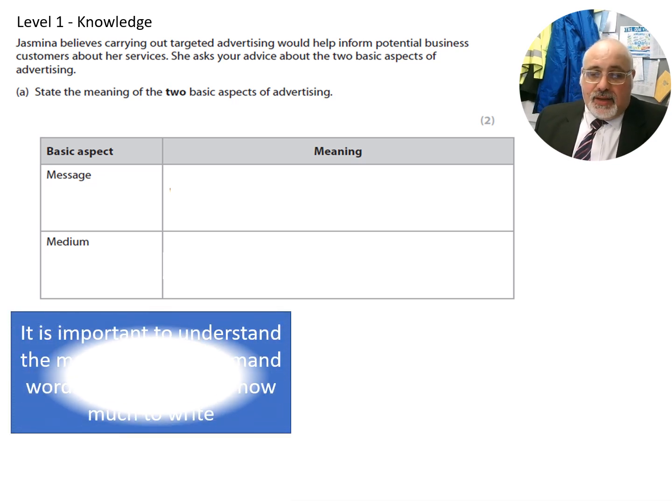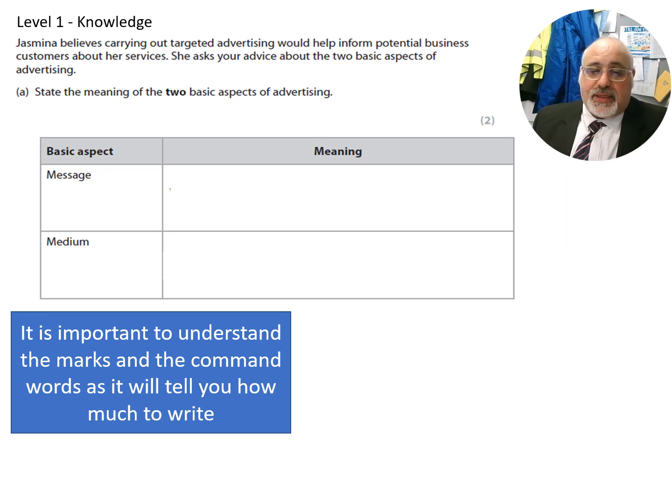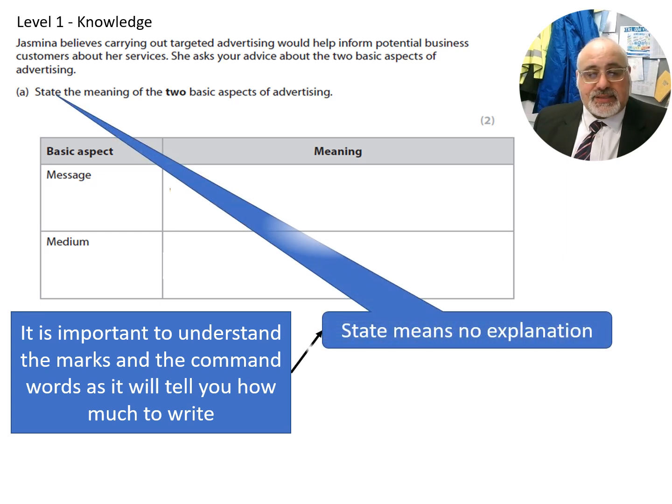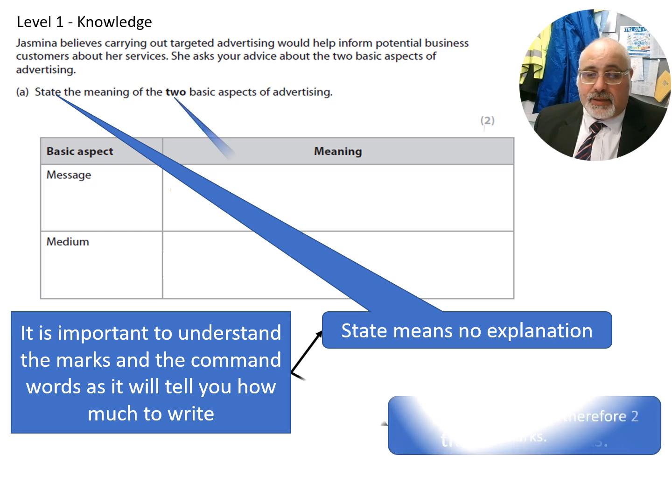In order to understand the question, you need to think about the command word. In this case, the command word is state, which means no explanation is needed. You just give one sentence answers and no more. You can write more if you want, but you're not going to score any more marks than are needed.